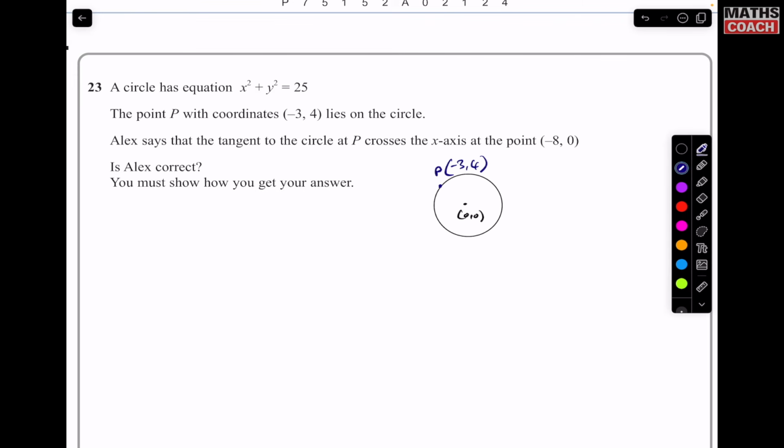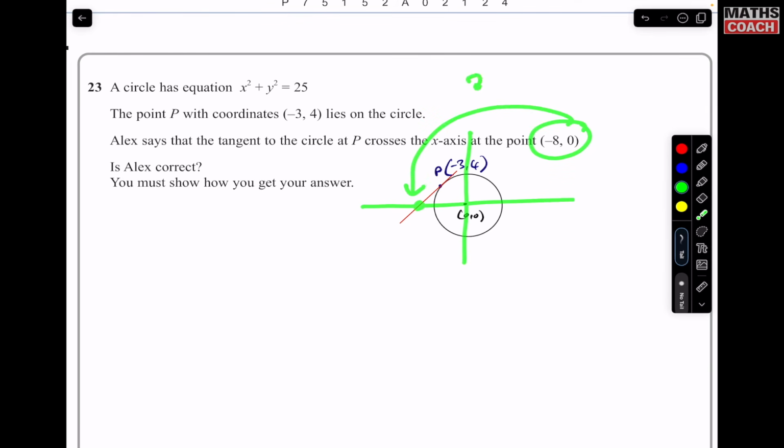And Alex says that the tangent to the circle at this point, so there's a tangent to the circle right there, cuts the x-axis. So Alex is saying that this point is minus 8, 0. Okay, this is what Alex is saying. Is he correct? Well, let's find out.